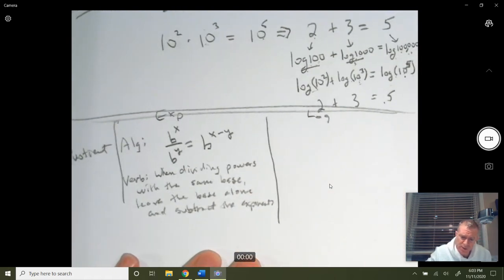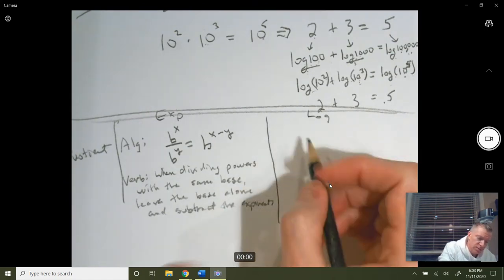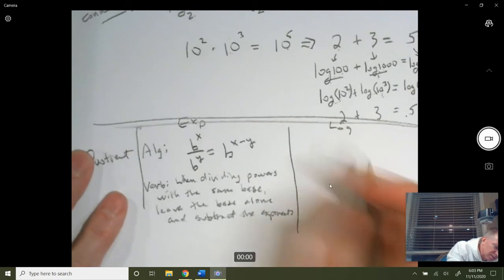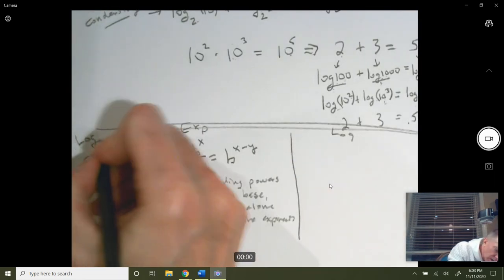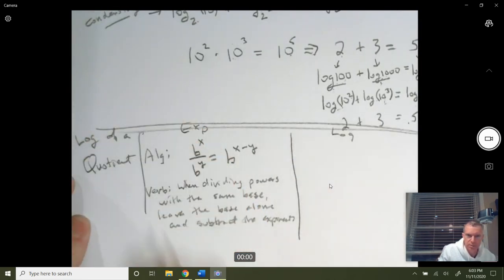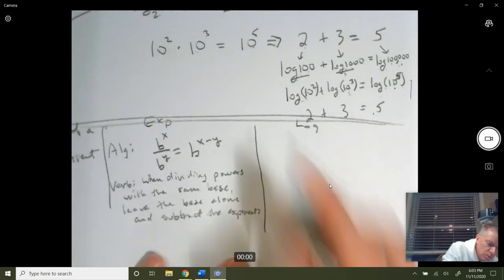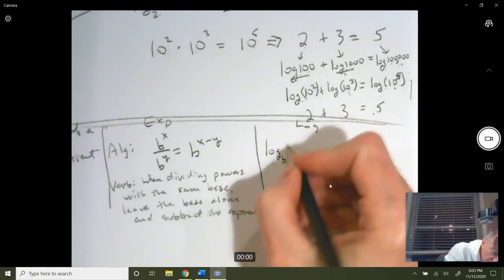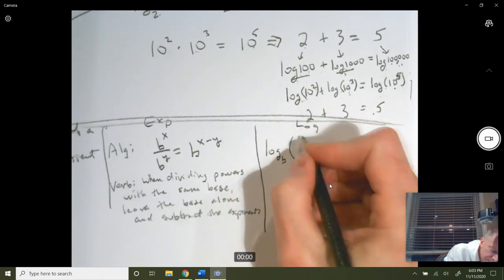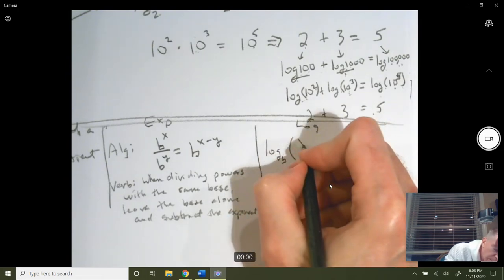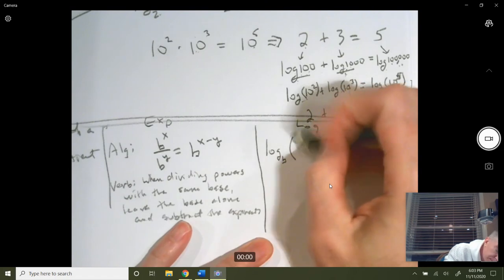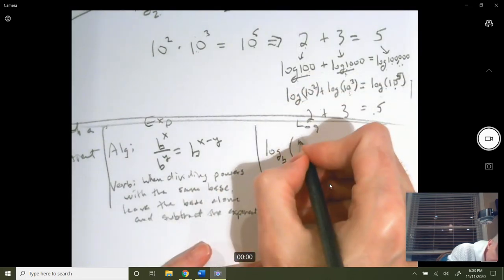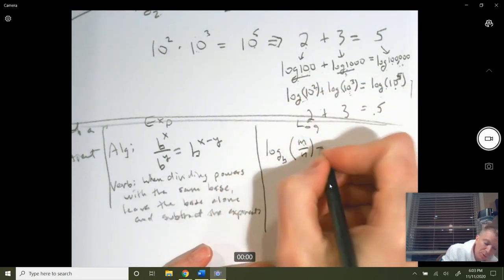Now, that same thing when we talk about logs is the log of a quotient. So when we take the log, base b of a quotient, let's call it m over n, we can break that apart.